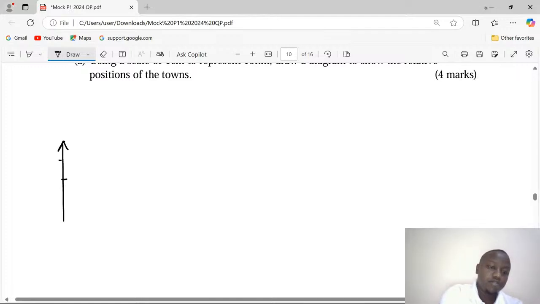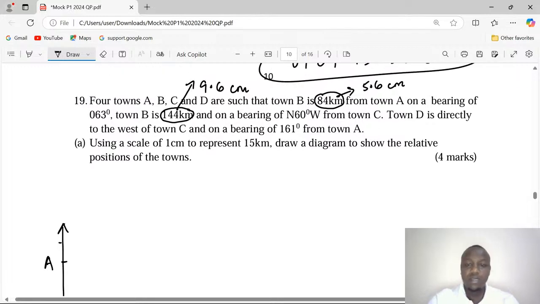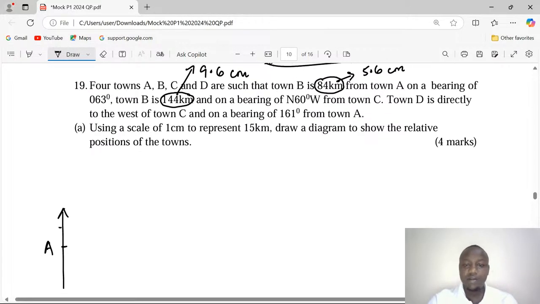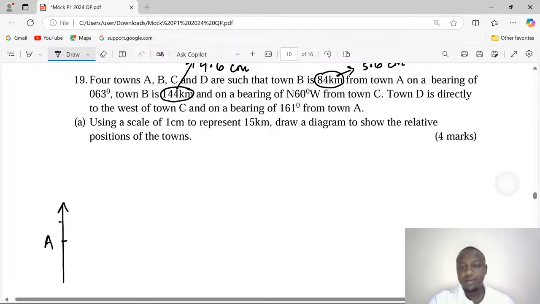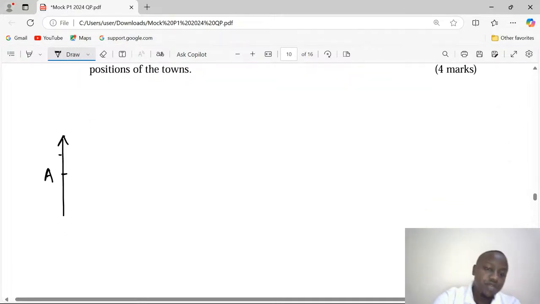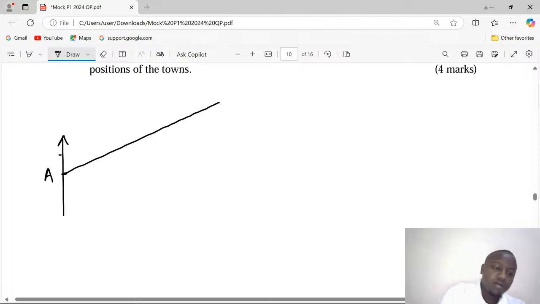So from point A, we are given the direction of B, and B is on a bearing of 63 from town A. So we just measure an angle of 63 from the north, an angle of 63 degrees.